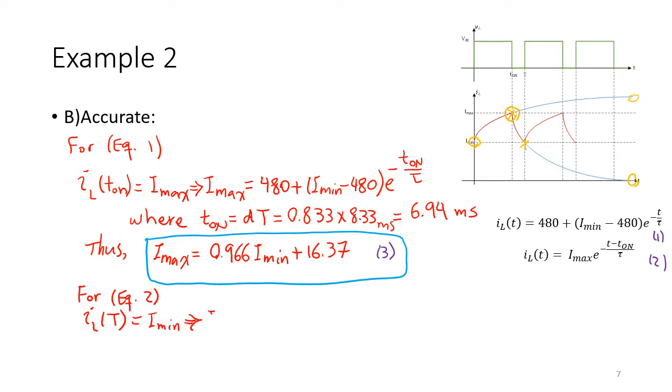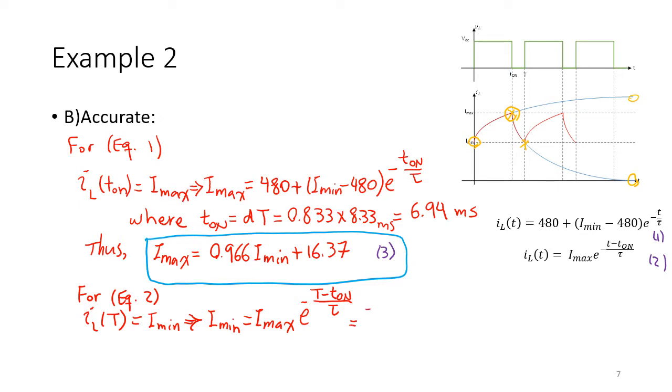It means I min should be equal to I max e to the minus (capital T minus T on) over tau.